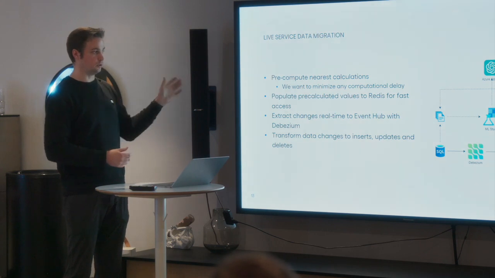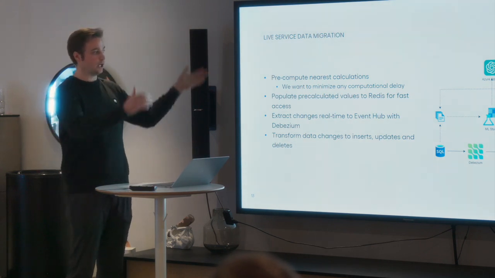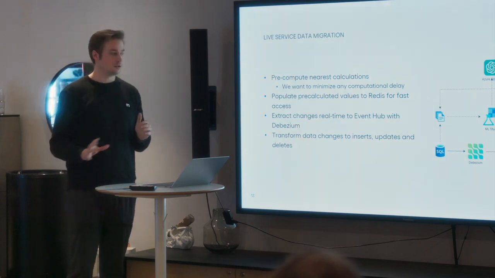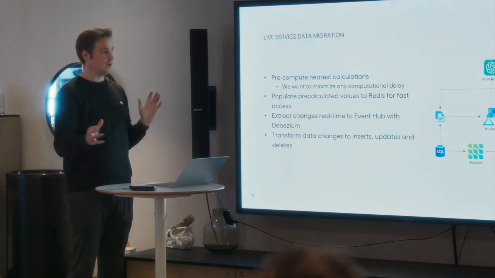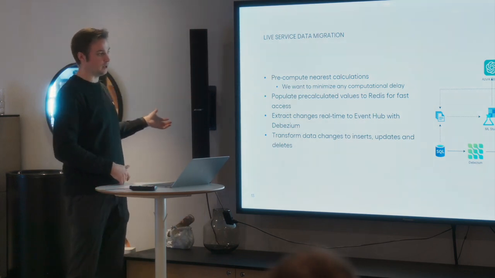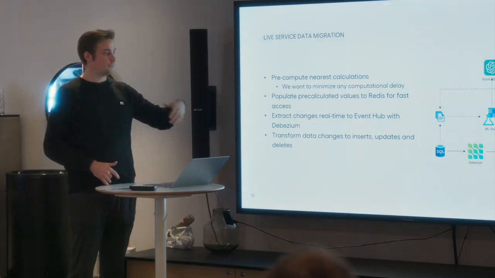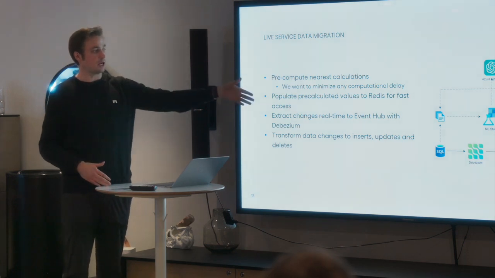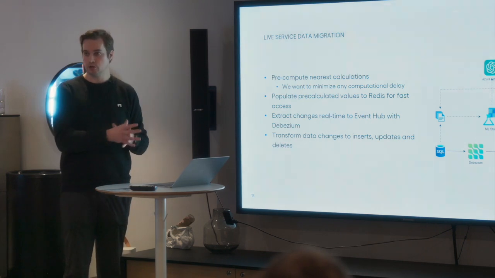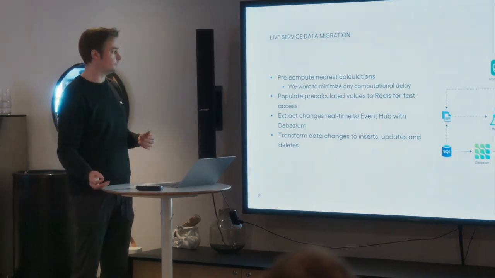So pretty much we took the old data model and new data model, calculated all the vectors, did the nearest-neighbor calculations for each pair, and then just put it into a Redis database, so that whenever a function gets an event from this change data capture component that I will cover in a moment, it has all the information to do the operations as fast as possible.